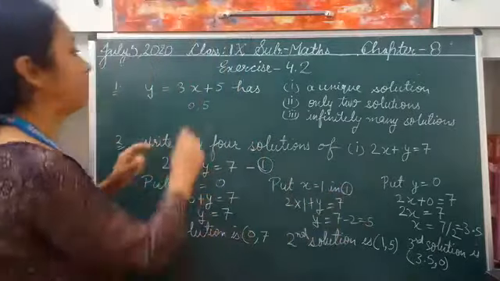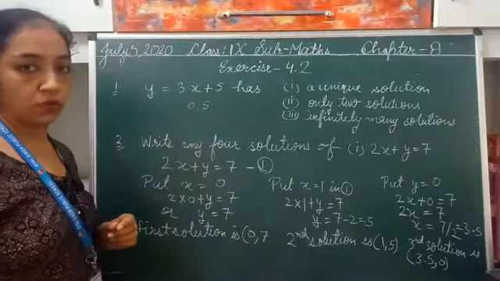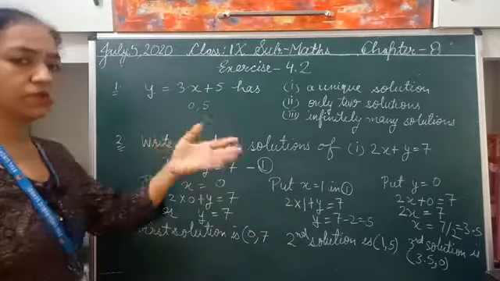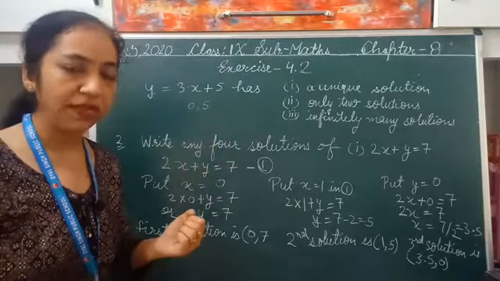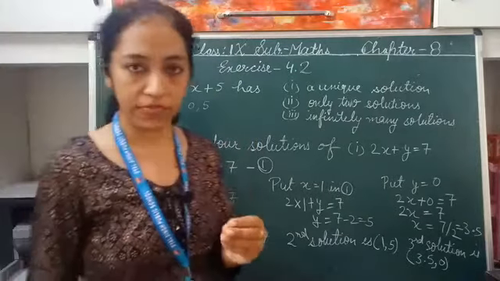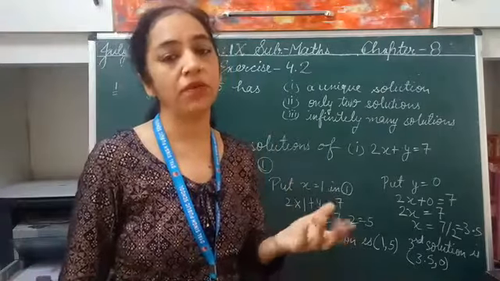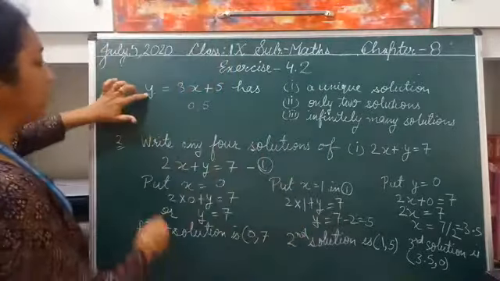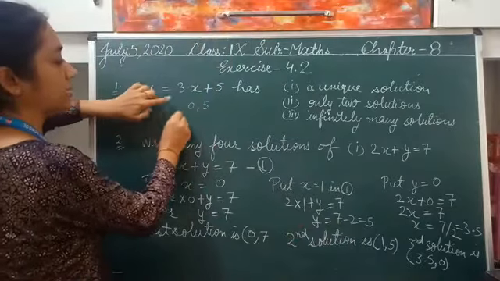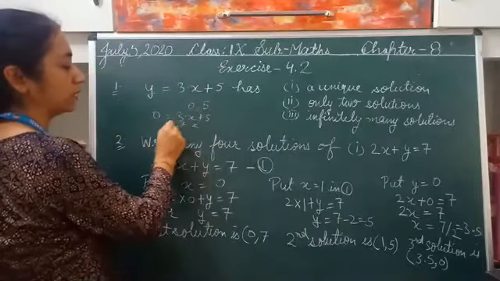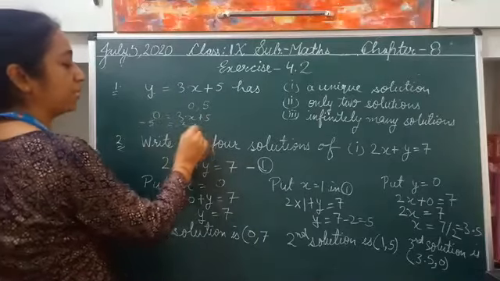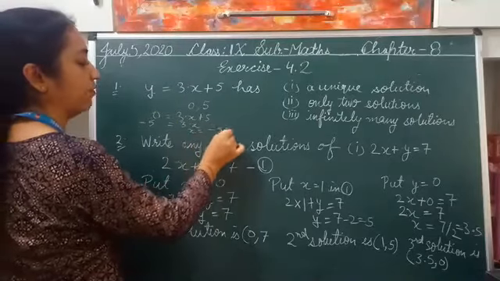Other than that, we can assume the value of y also. It's your choice, whether you want to go with the value of x or you want to opt for any value of y. If you take y is equal to 0 in this equation, then what will you get? 3x plus 5, so you will get 3x is equal to minus 5, meaning x is equal to minus 5 upon 3.